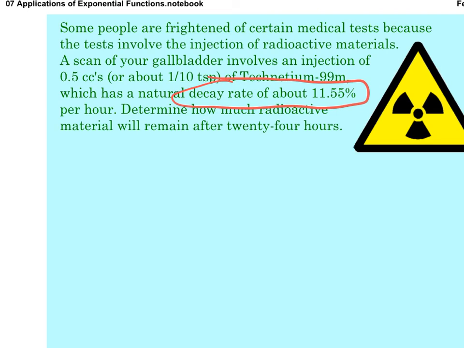What do you think we put in for our PERT, P E to the R T? What's special about this one? The rate would be what? Negative. Under the rate, you'd put in negative 0.01155. Thank you.